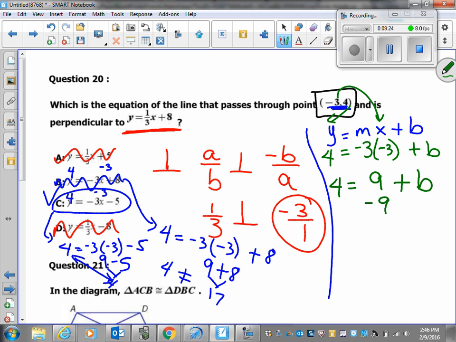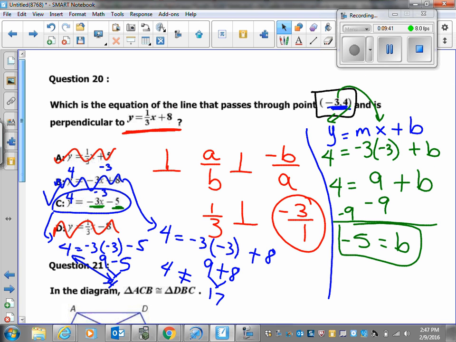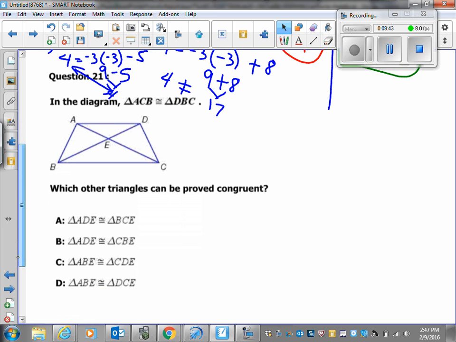So you subtract 9 from both sides. 4 minus 9 is -5, which equals b. So I know the slope is -3 and b is -5. Both ways you get to the right answer, so pick whichever one is easier for you.